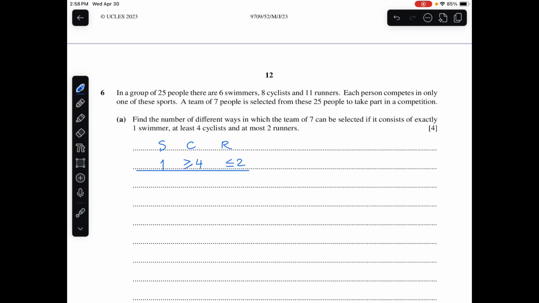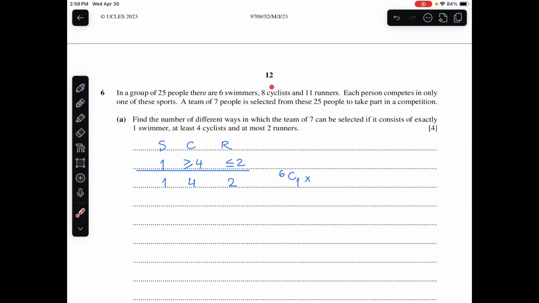So let us try and find what different combinations we have. So we have a team of 7. We need to build a team of 7. So if I go with the first arrangement of 1, 4, and 2, yeah. So we have in total how many swimmers? We have 6 swimmers. From 6 we need to choose 1. So it's going to be 6 choose 1 times.